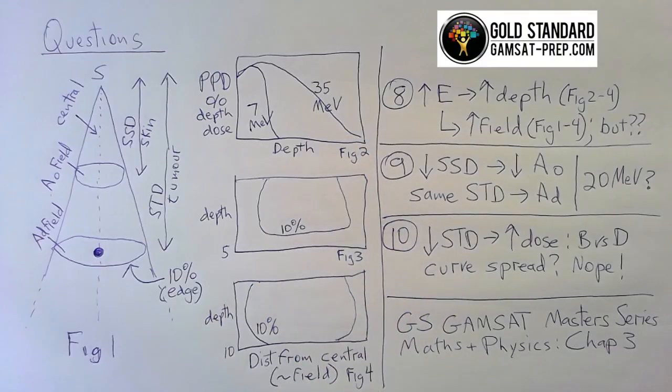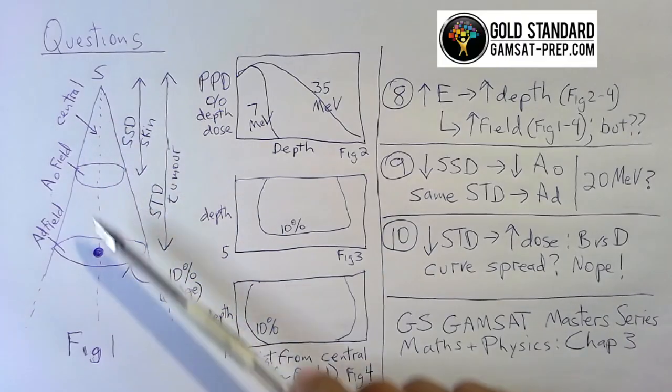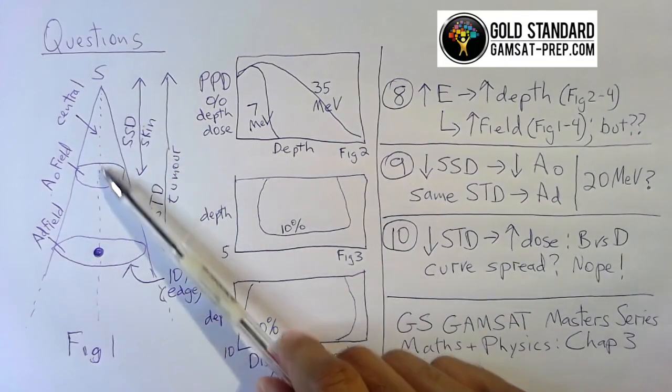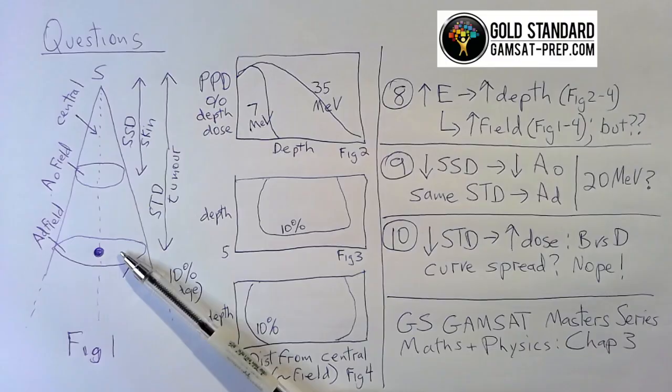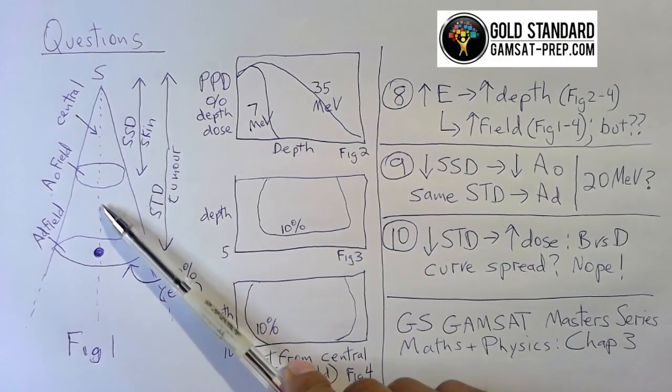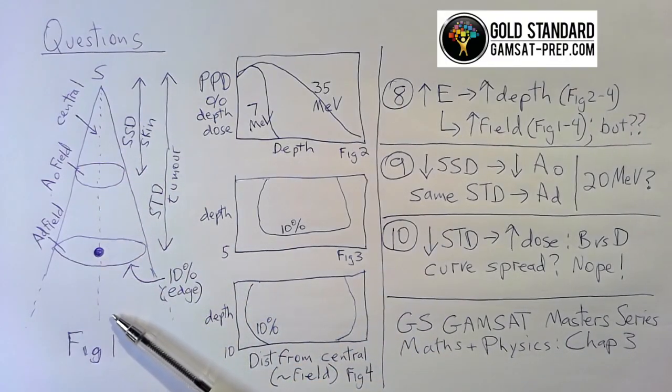In the notes below figure 2, ACER states that unless otherwise stated, assume the SSD and the STD and field size are the same for all beam energies. That statement is not to be misinterpreted. The field size, we can see, is based on the distance from the source. But we can also see that the field size is continually changing depending on the distance from the source.